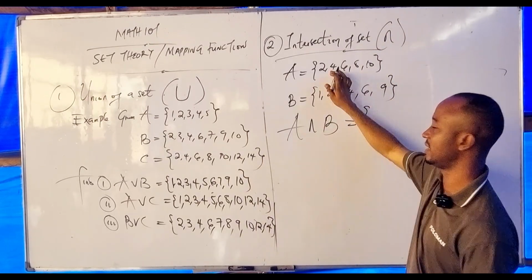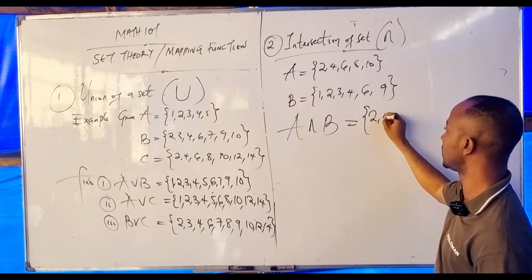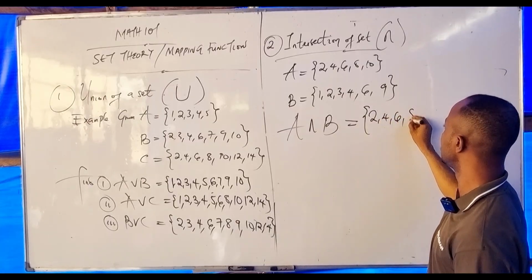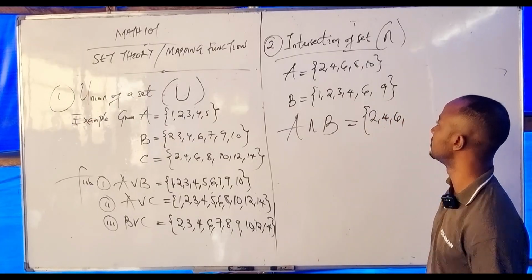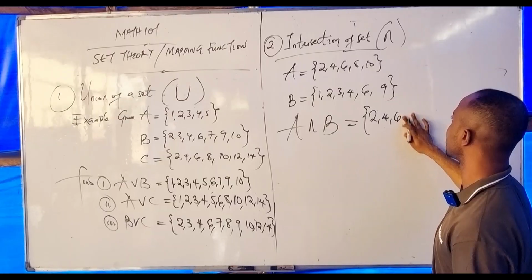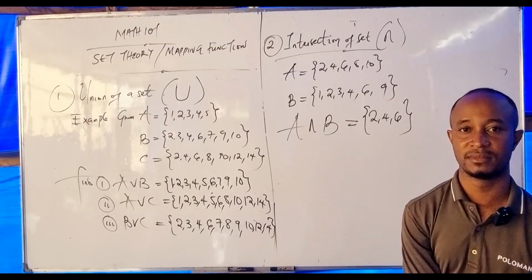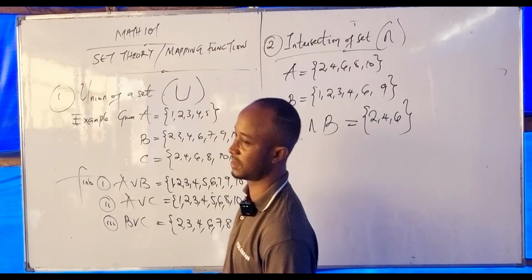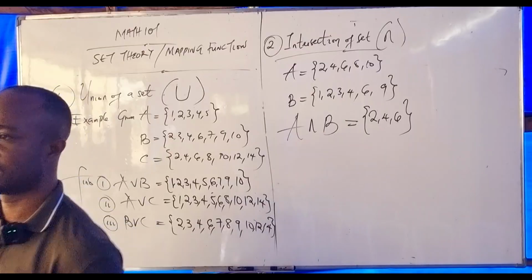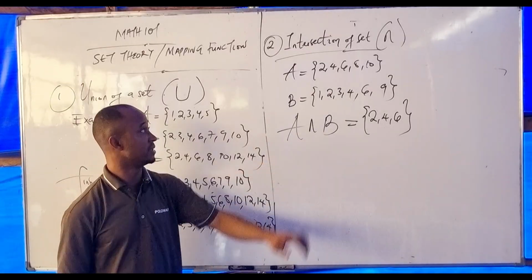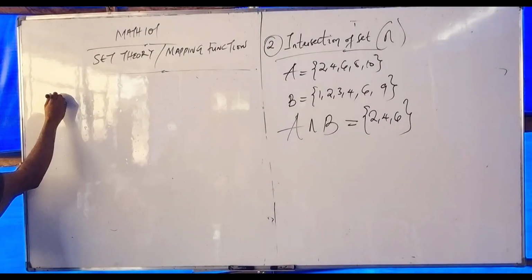What can you see in A also in B? 2, 4, and 6. These are the common elements between A and B. Number 3.